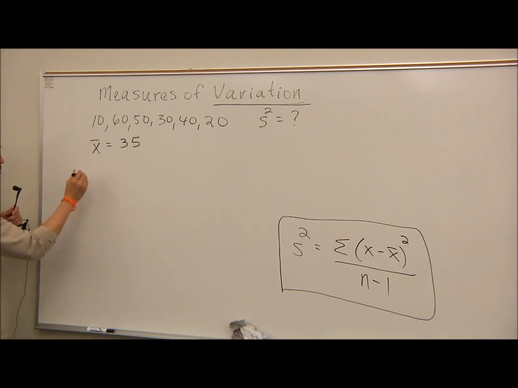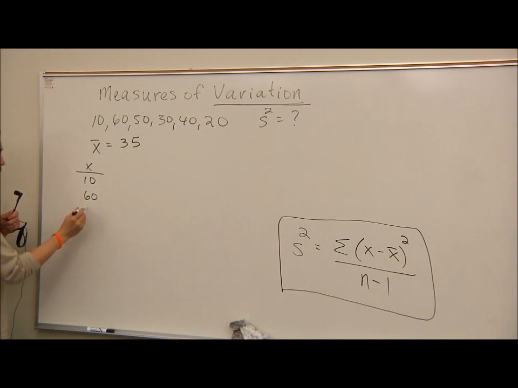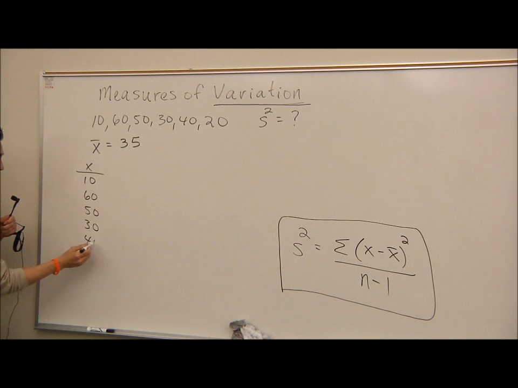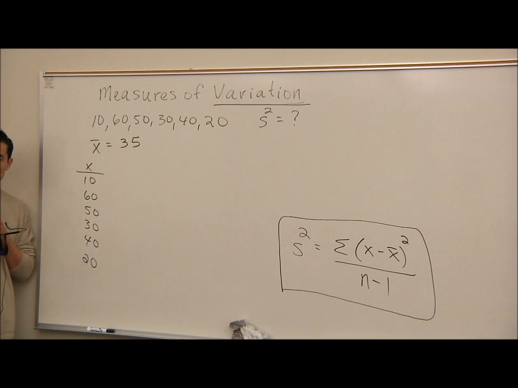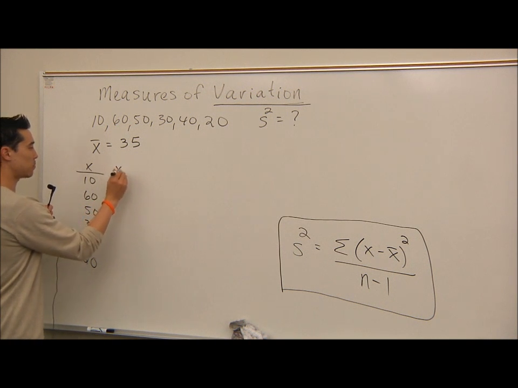All right, what I'd like you to do is make a couple of columns with me. The first column, I'm just going to write down these x values: 10, 60, 50, 30, 40, and 20. The next column I'd love for you to write down is x minus x bar.